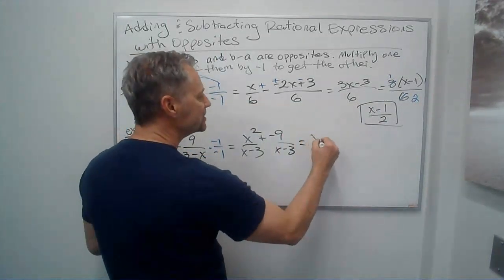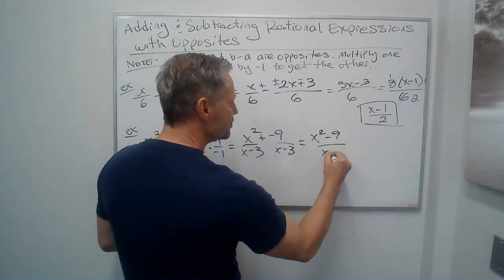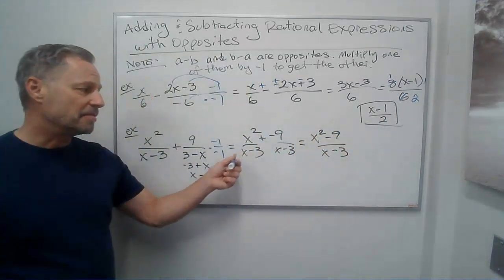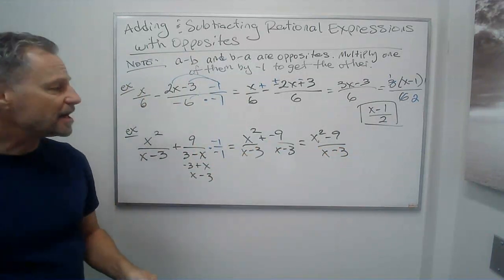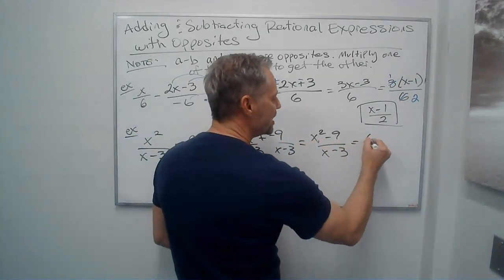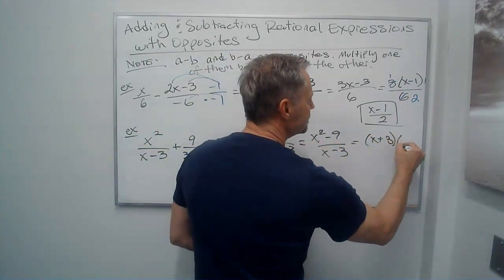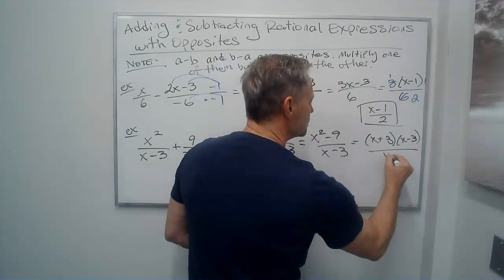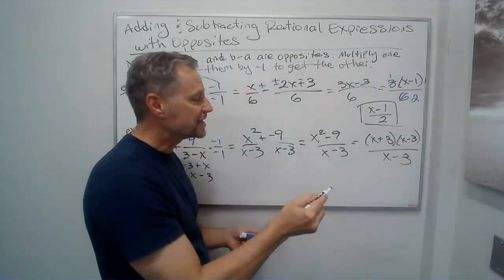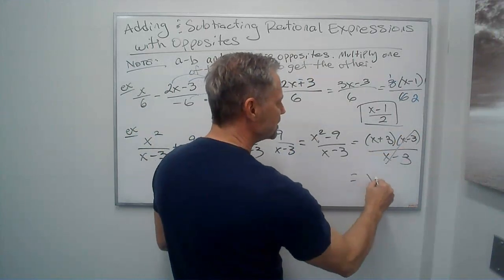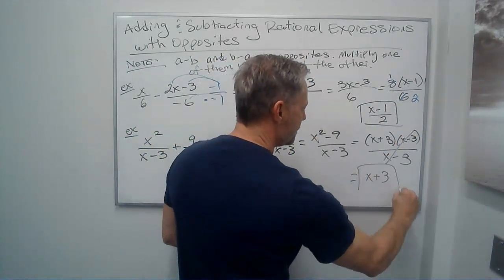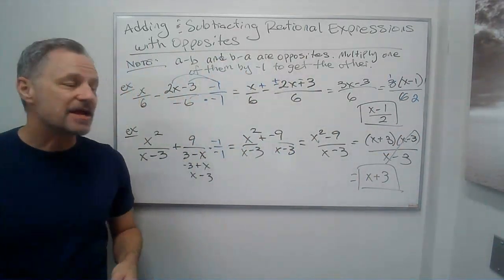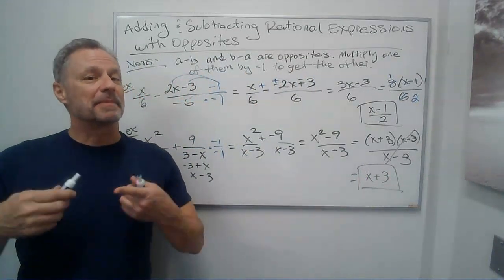So now I have x squared minus 9 over x minus 3, common denominators, and I can just add straight across. Well, top factors: x plus 3, x minus 3. Now I can cancel out the x minus 3, and my answer is just x plus 3.